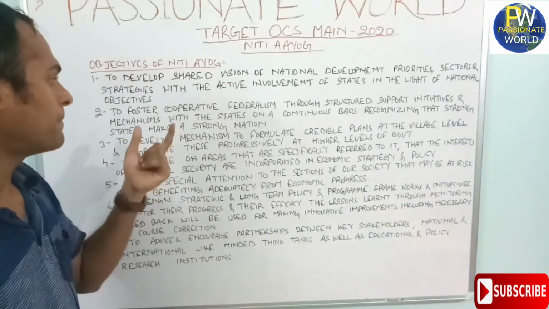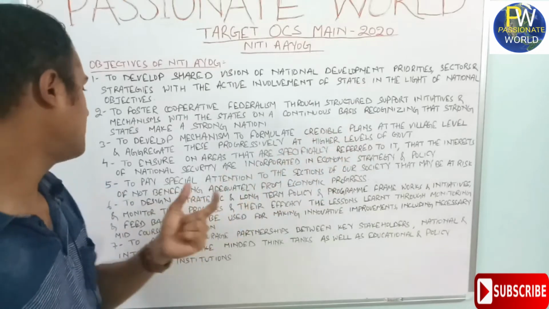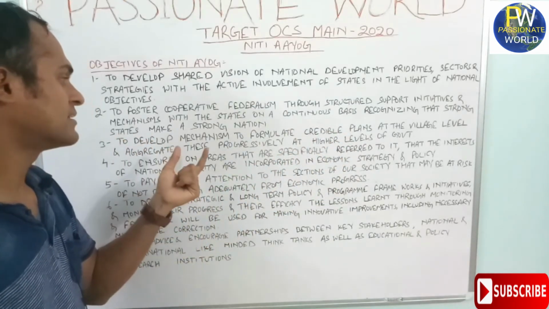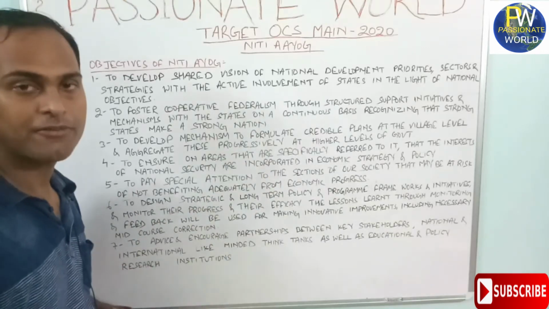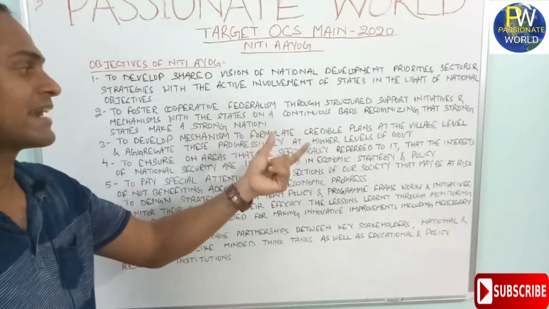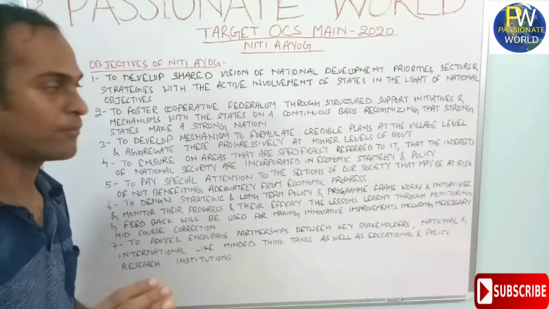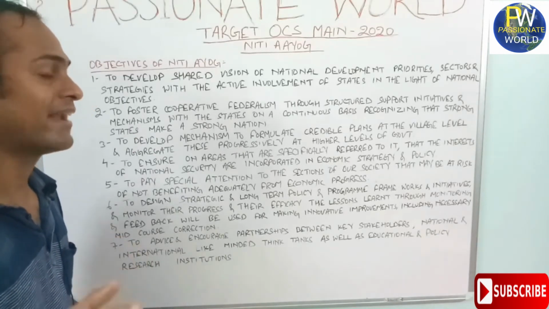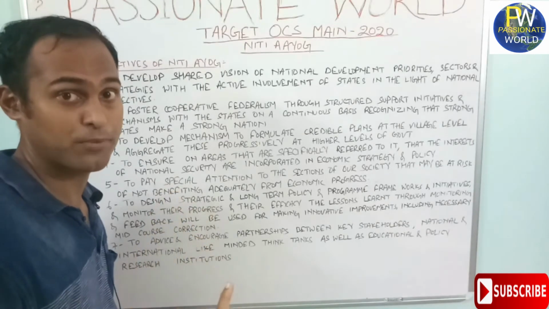Then, to develop mechanisms to formulate credible plans at the village level and aggregate this progressively at the higher levels of government. Another very important aspect. We have studied that it's a bottom-up approach.